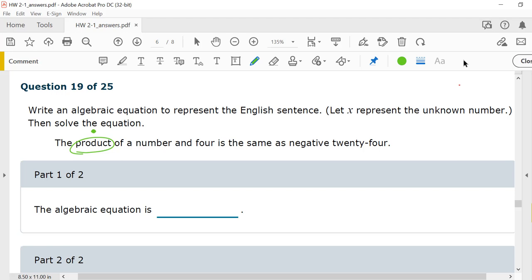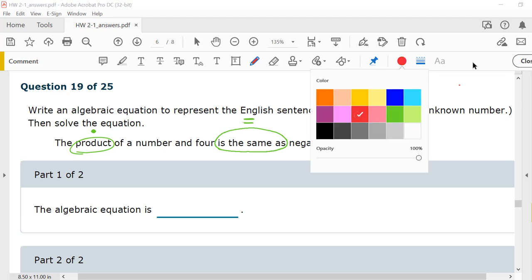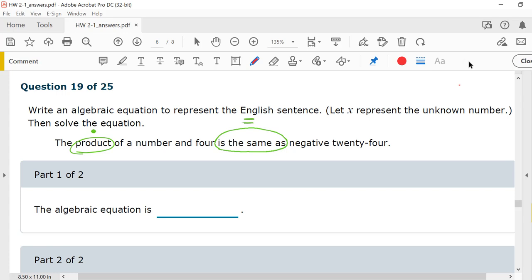Product of a number and 4 is the same as. Okay, instead of just saying is, now they're saying is the same as. So that's another fancier way of saying equals. All right, now let's go look for our numbers. The product of a number and 4 is the same as -24.